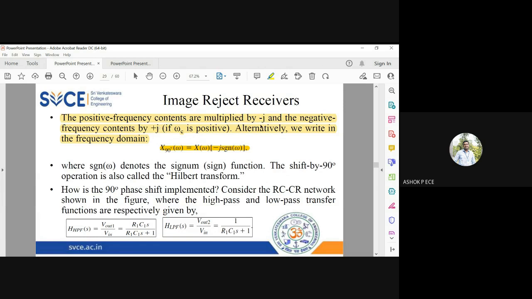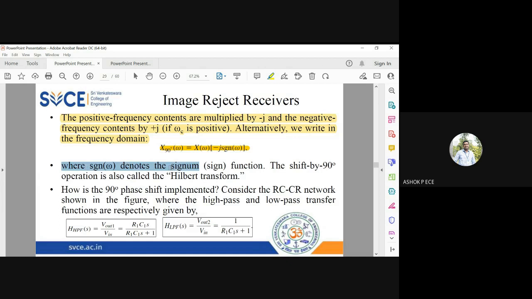You know minus j means a phase shift of minus 90, because minus j lies in the lower part of the y-axis, and the positive x-axis is your reference. Taking that as reference, minus j is phase shifting by minus 90 and plus j is phase shifting by plus 90. So effectively you need a 90-degree phase shifter. You know sine and cos, however you phase shift by minus 90 or plus 90, you will get back the other signal, right? So effectively I need to shift by 90 degrees.